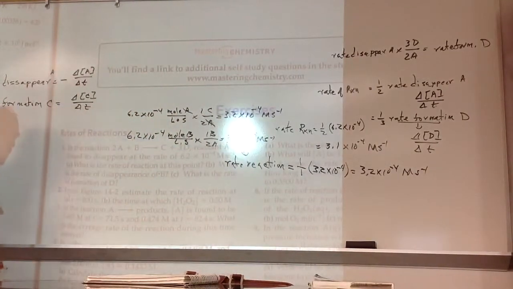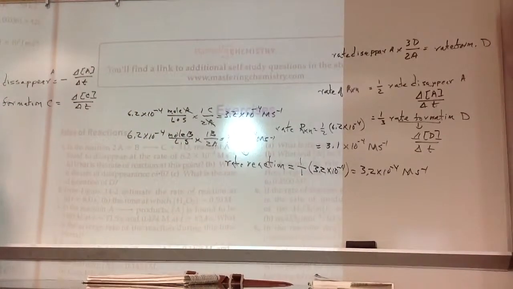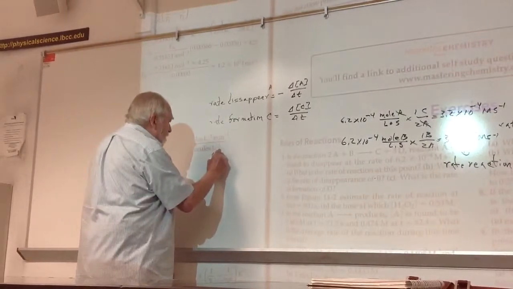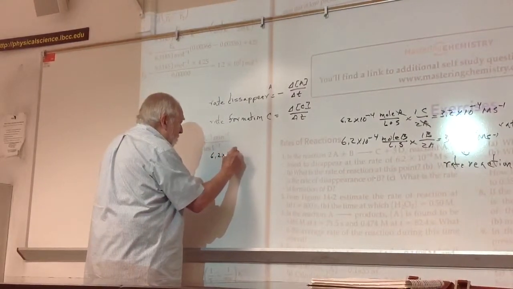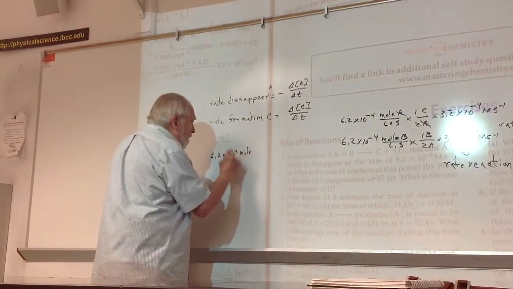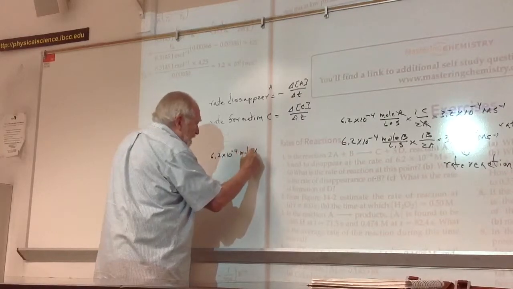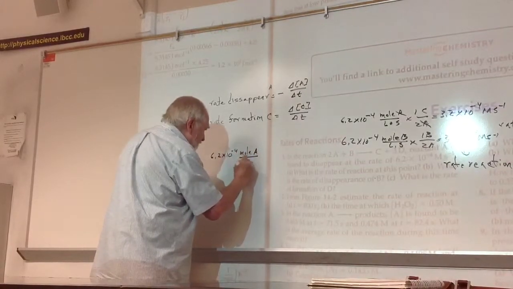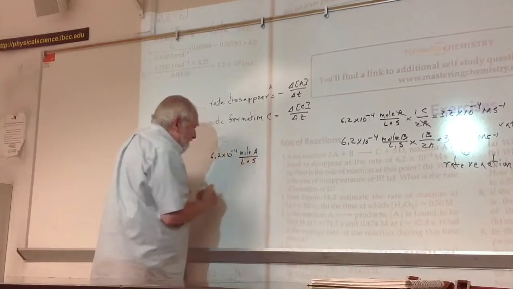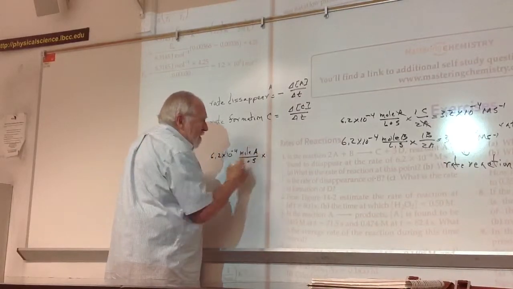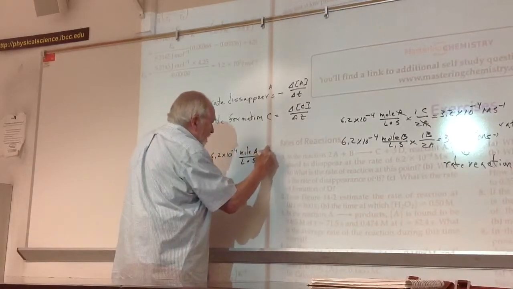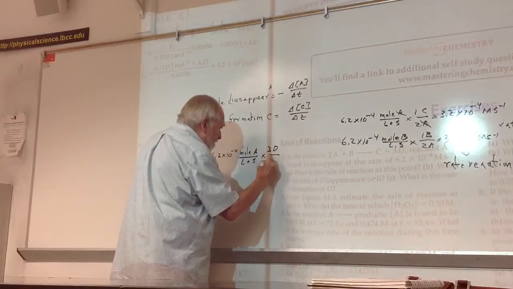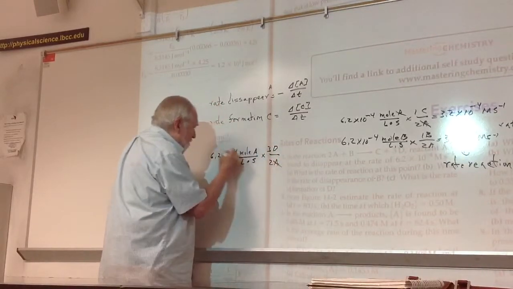What is the rate of formation of D? I'm going to start with moles of A, liters, seconds, times, that says 3D per 2A.